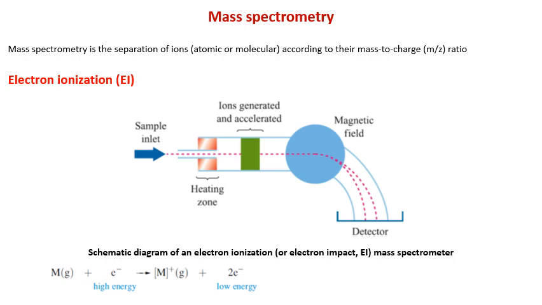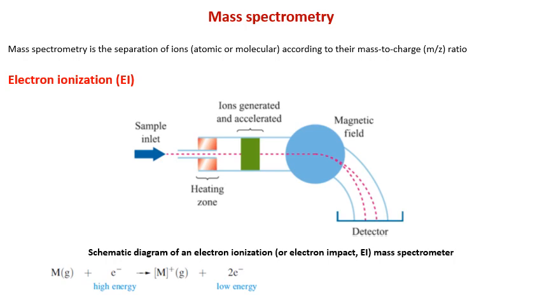First coming to EI, the electron ionization method. You can see that this is a schematic diagram of an electron ionization or electron impact mass spectrometer. This is a basic design.